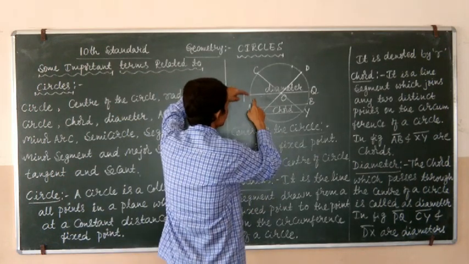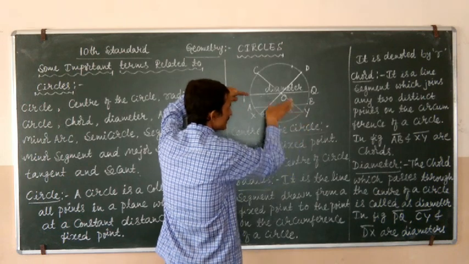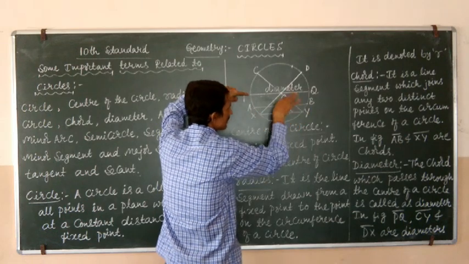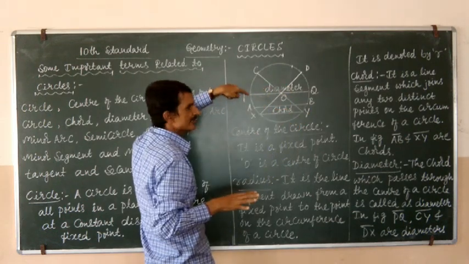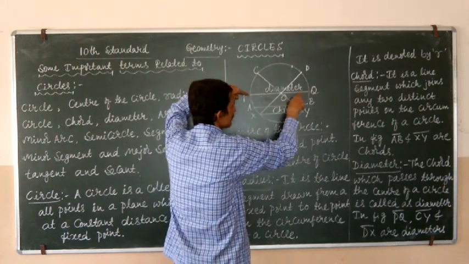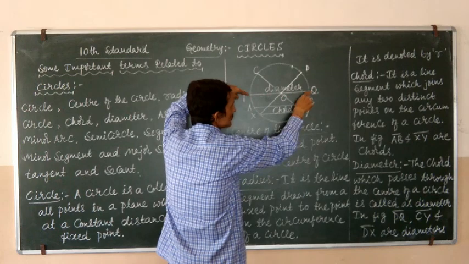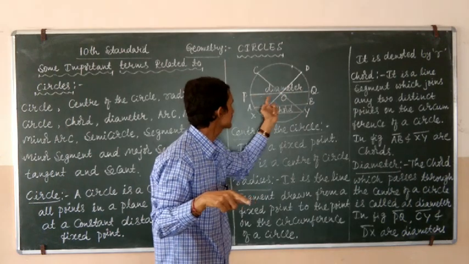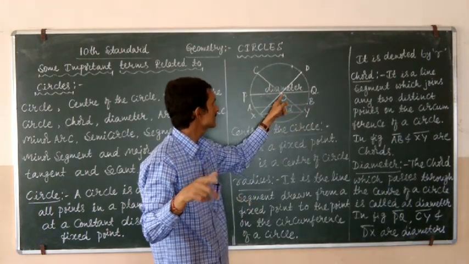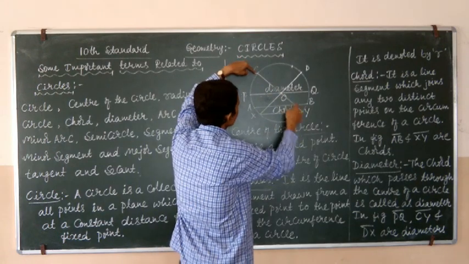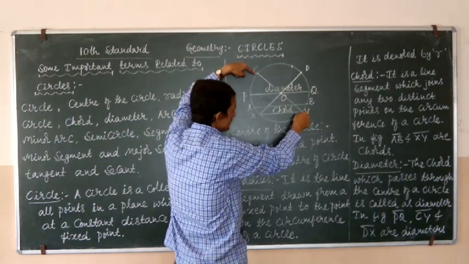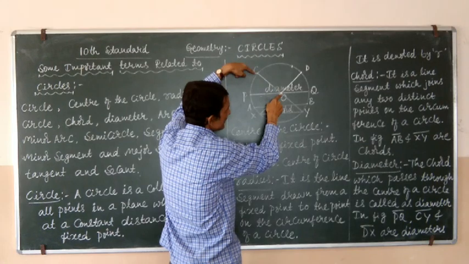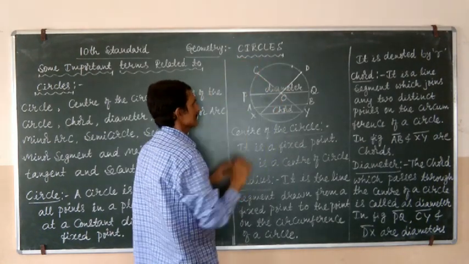That means the chord which passes through the point O is called the diameter of the circle. So in the figure, if you observe, XY is a chord which is outside the point O. AB is also a chord, but it is outside the point O. Chord PQ is called a diameter because this chord passes through the point O. Similarly, CY is also a chord, but it is called a diameter because it passes through the point O, the center of the circle.